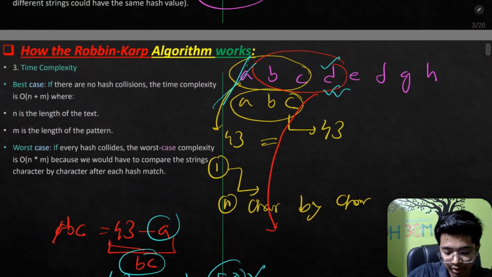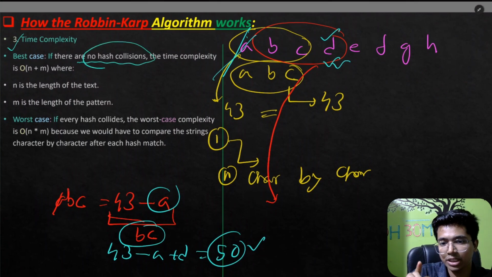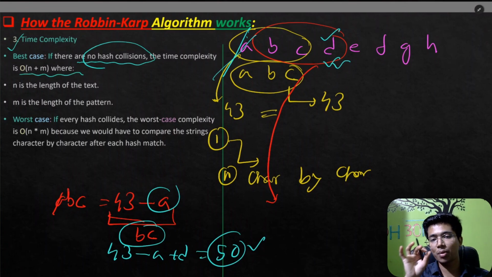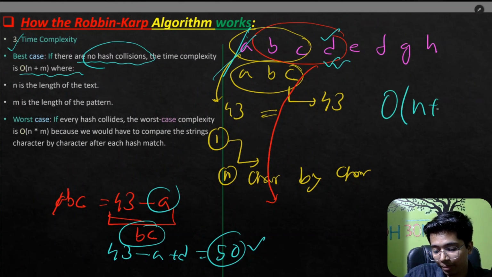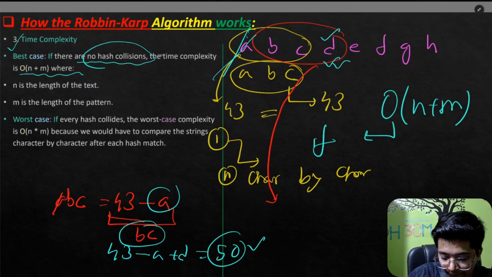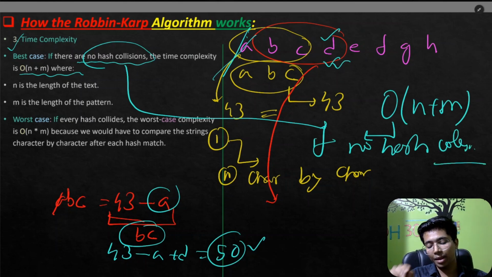Now let's understand the complexity. Time complexity, best case, if there are no hash collisions. Hash collision is the term I explained earlier. If there are no hash collisions, that is, all hashes of the substrings are different, then the time complexity is big O of n plus m.